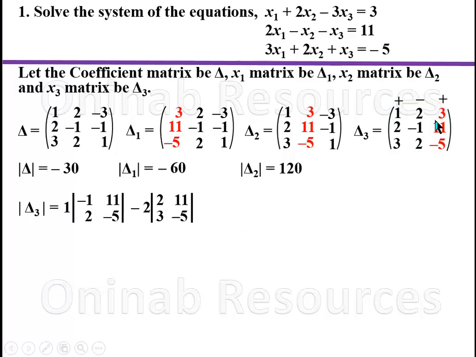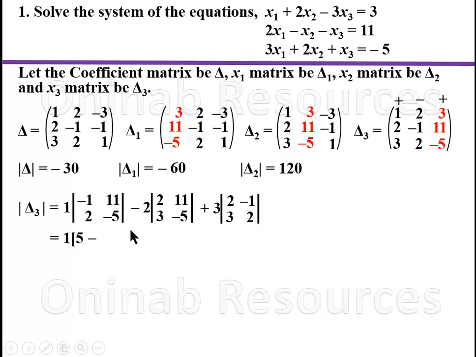And the last column, we have a positive 3 there. So we have a plus 3. So delete the column the 3 belongs to, and the row it belongs to. So we are left with 2, negative 1, 3, and 2. So we evaluate these determinants. So the first one here, 1 is outside. Negative 1 times negative 5 gives 5.